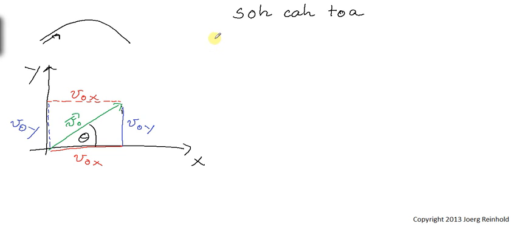The sine of the angle theta, what is that? It is the opposite divided by the hypotenuse. Opposite to the angle, this is the angle, this is the hypotenuse, so opposite to the angle is here the y component. So it is v naught y, divided by the hypotenuse, which just has the length v naught, the magnitude of that vector.